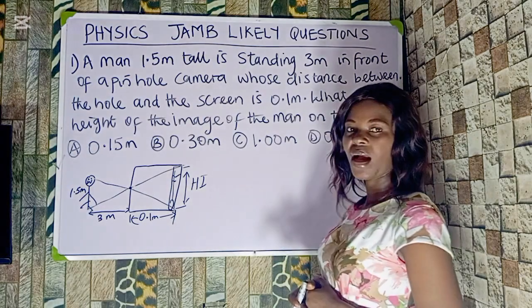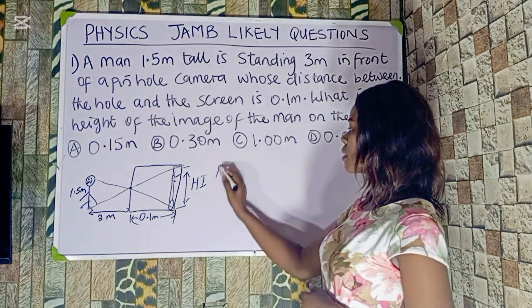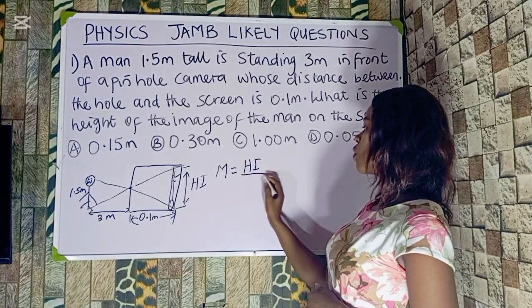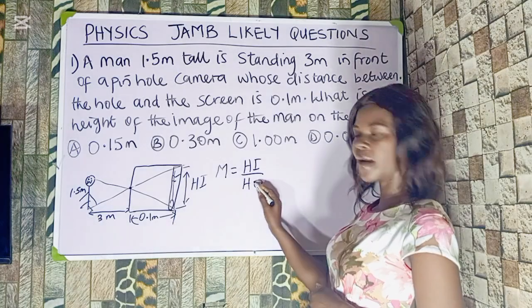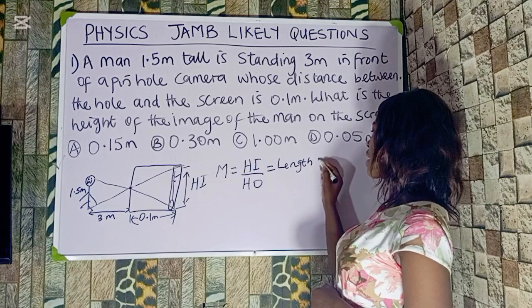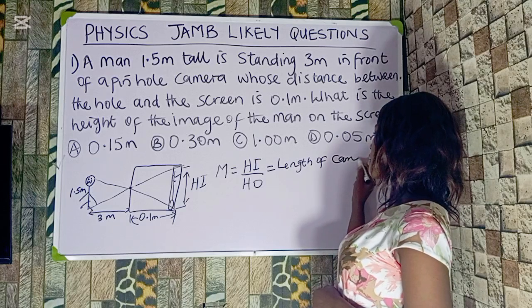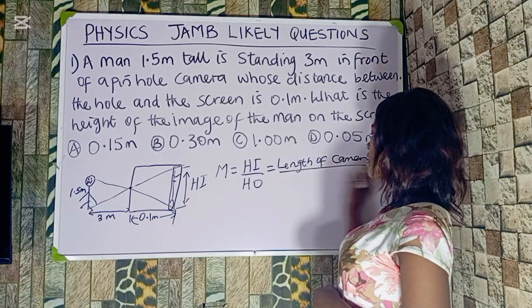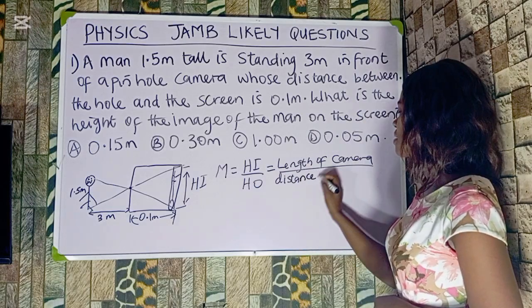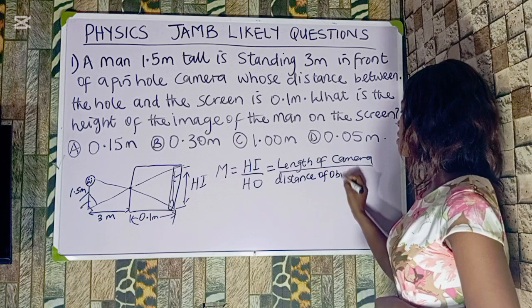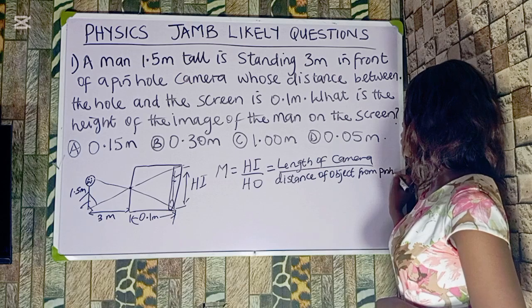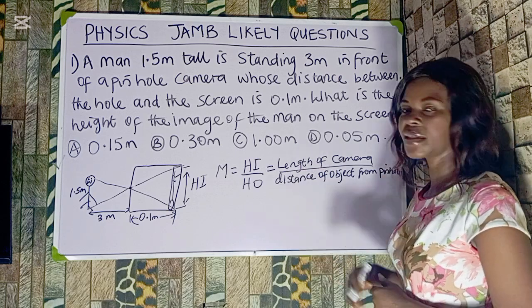Magnification M is equal to height of image over height of object, which is equal to length of camera over distance of object from pinhole.